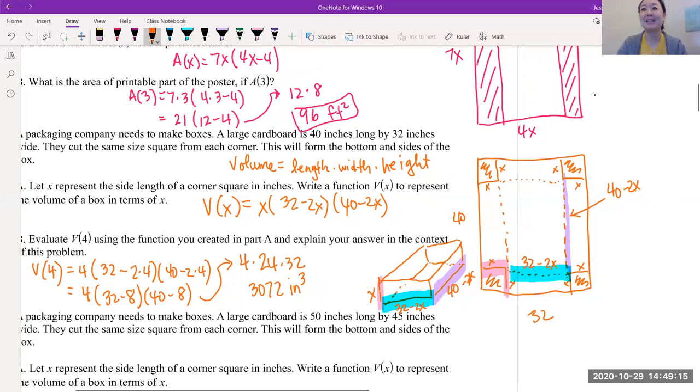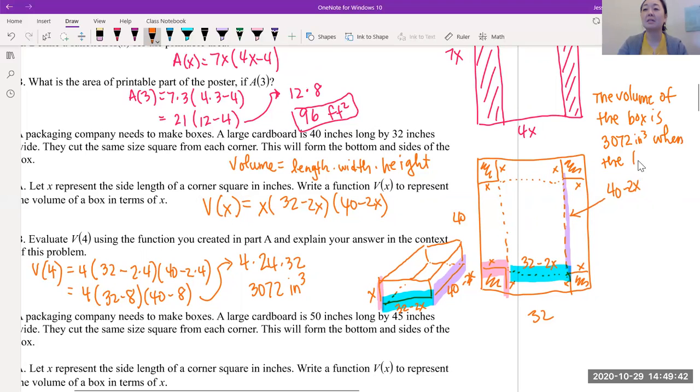All right, so it's going to be: the volume of the box is 3,072 inches cubed when the height, remember, because x represents the height, right?